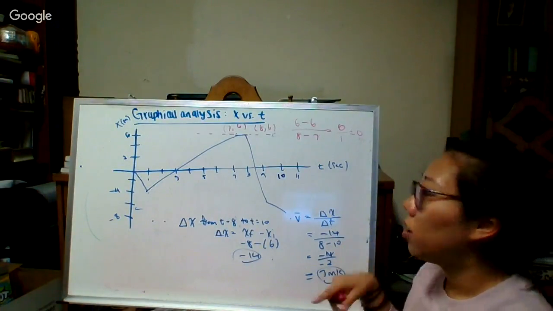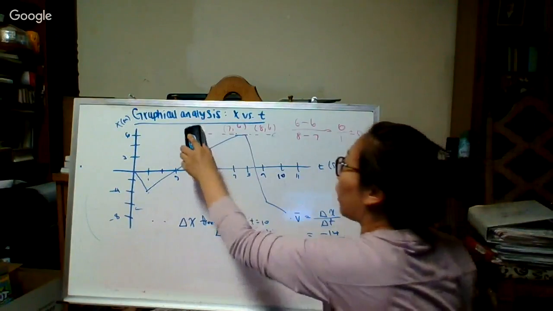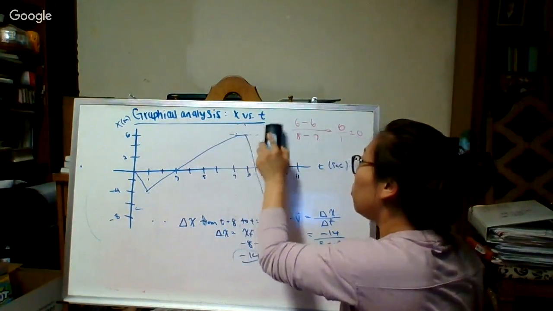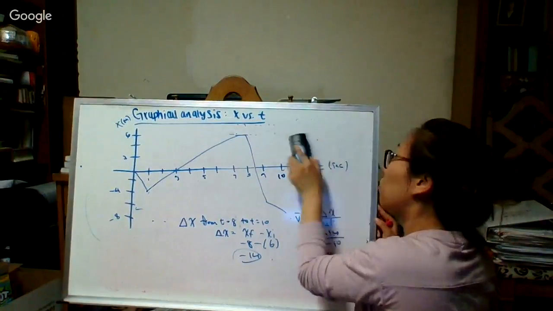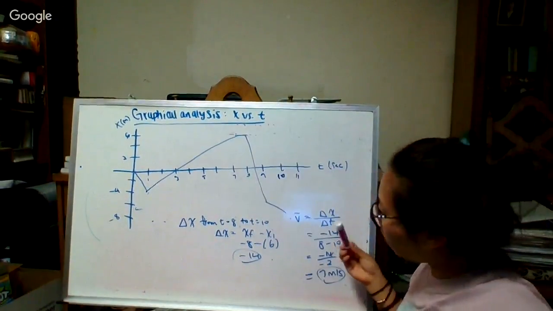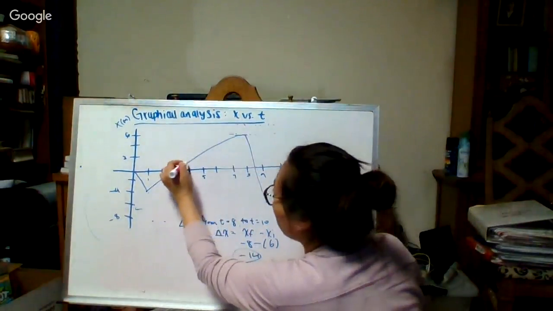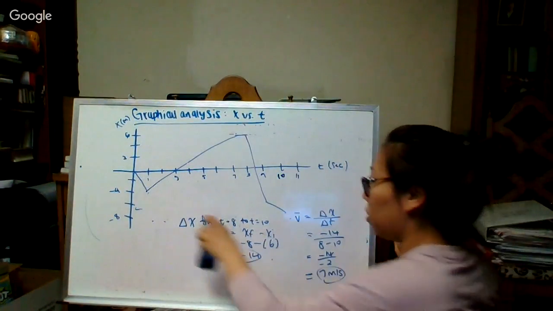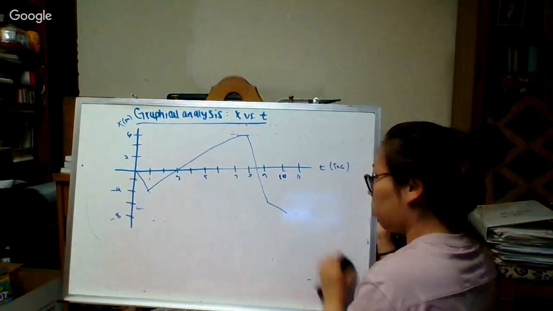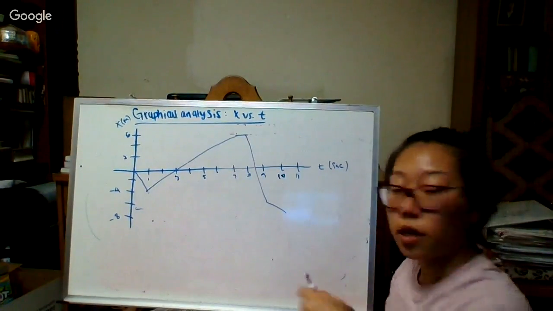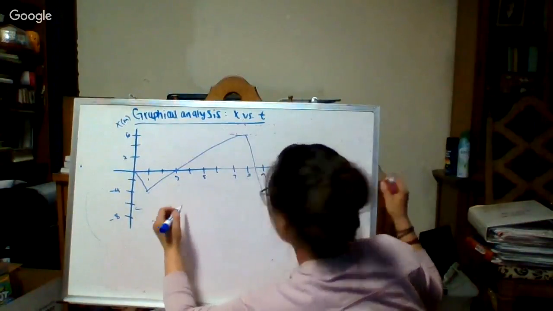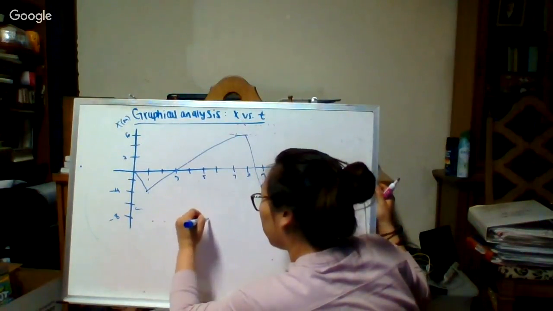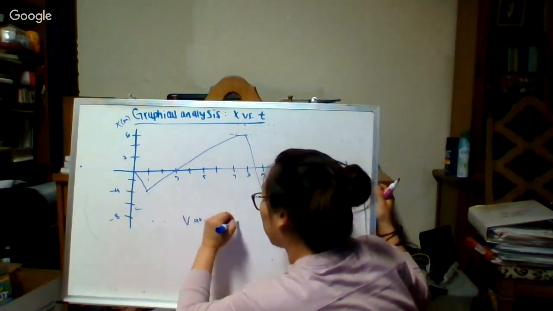Okay. So if I was to take something harder, like 4, okay? Instantaneous velocity at 4. Oh, I marked myself at t equals 4 seconds.